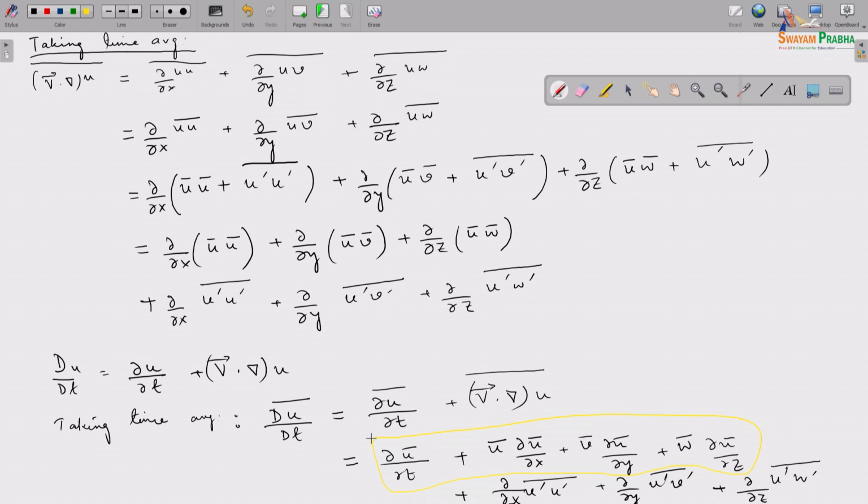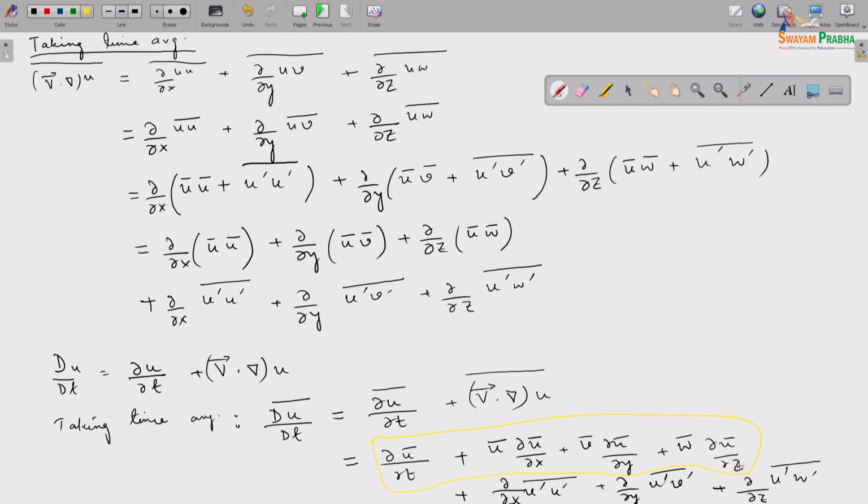So, if you see this, this is the instantaneous derivative of the mean velocity. This is u bar del u del x, v bar del u bar del y, w bar del u bar del z. Do these terms together mean anything to you? Is it ringing a bell?